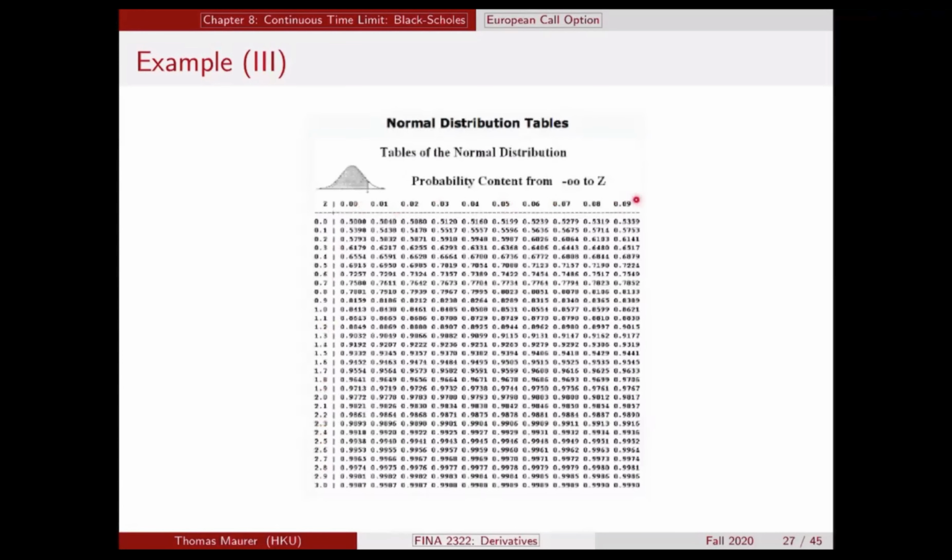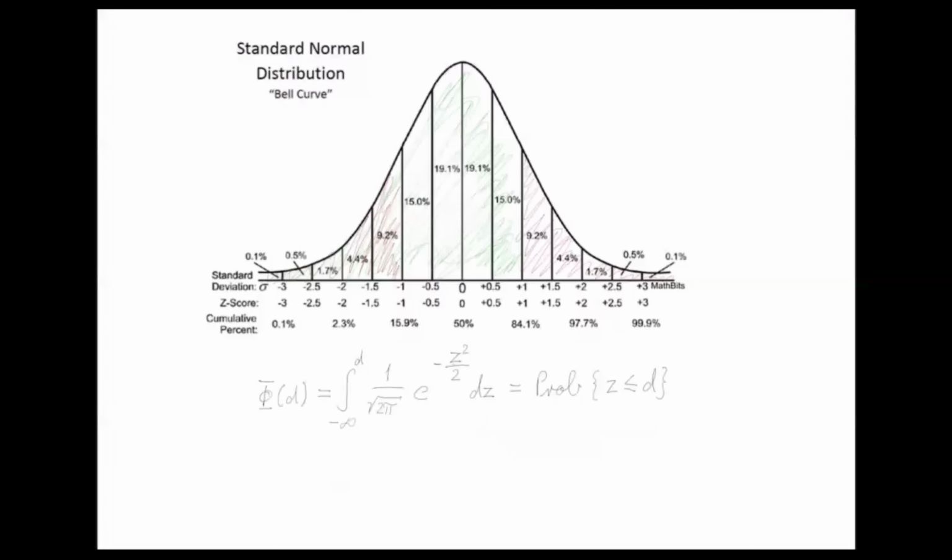So what do we do now? Look again at this picture over here. If you want to look at a negative value, that's the same as looking at the standard normally distributed variable being larger than the positive value, which is just the absolute value of the negative value.